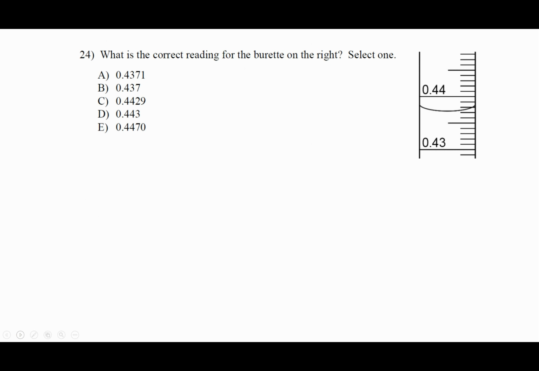What is the correct reading for the meniscus on the right? Well, it's between 43 and 44, or 0.43, 0.44, so it's 0.43. And then there's a line, it's roughly 7. I'm going to call it 7, 0. Right, because the first number I had to guess at is that 0, so that could be a 1 or 2, or it could go down to 4, 3.